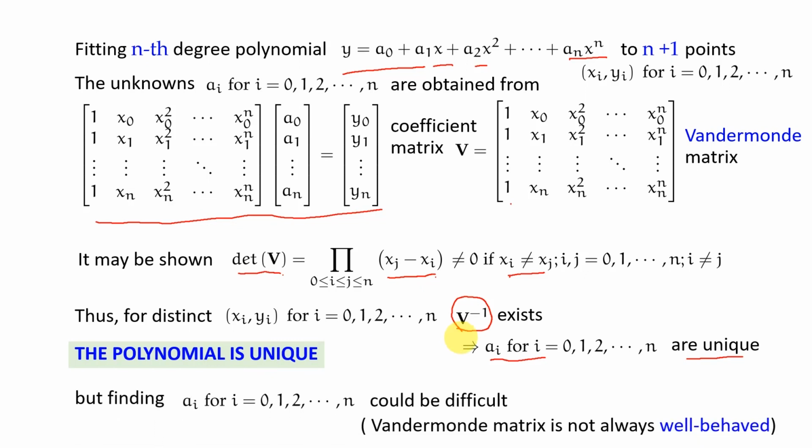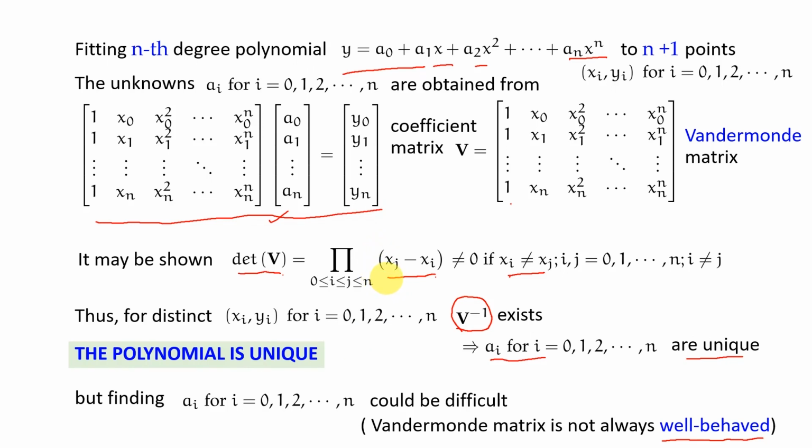However, if you actually try to solve this set of equations, you have to of course invert this Vandermonde matrix, which may not be easy, but also this Vandermonde matrix is not a very good matrix. In linear algebra terminology, it is not always a well conditioned matrix, or you can say there are some apparent problems in this matrix.